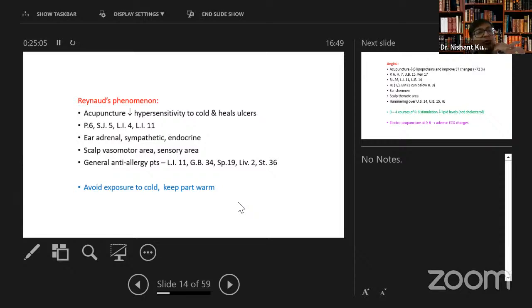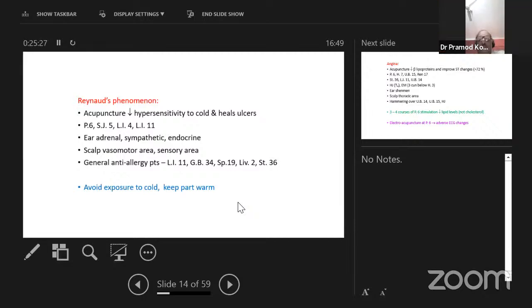We can go through and through. Okay. LI4 again the most prominent part of, and LI11 on the elbow. Right? We can also give again the same ear adrenal, sympathetic, and endocrine.